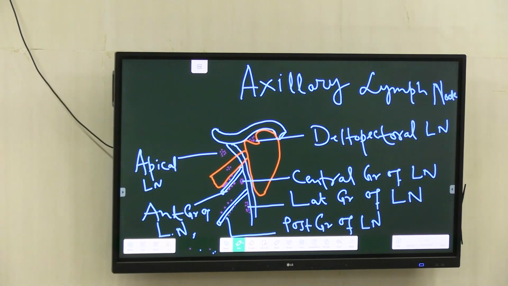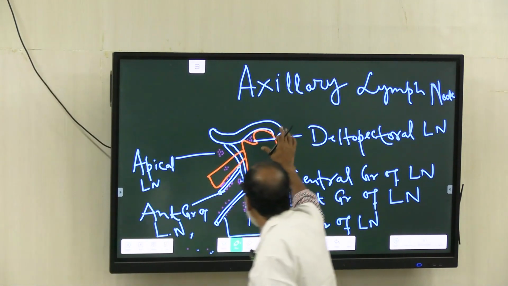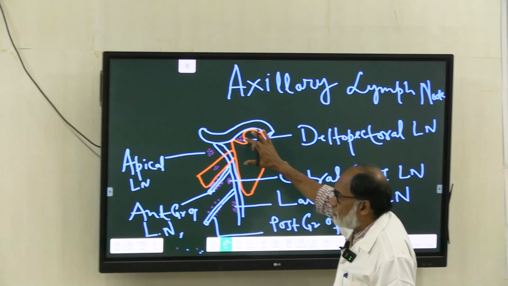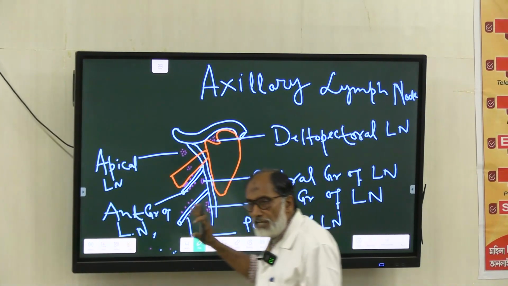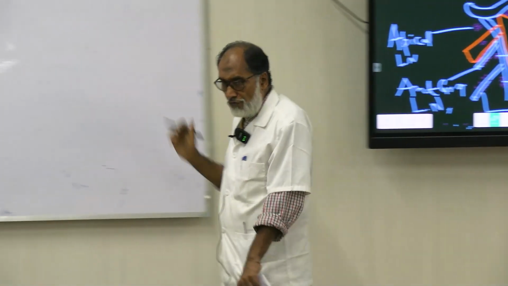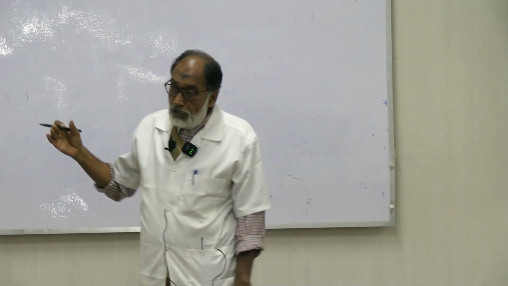Number one, here you see, it is the deltopectoral group. Here lies the deltopectoral group of lymph nodes.